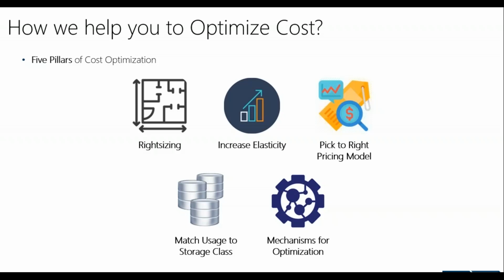After that, we have match usage to storage class, and then mechanisms for optimization. These are the five things which help you in your business, and we usually do in our business as well, to save as much as we can to improve the business profit.